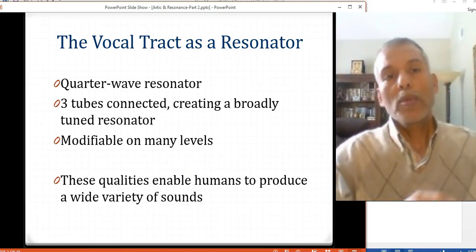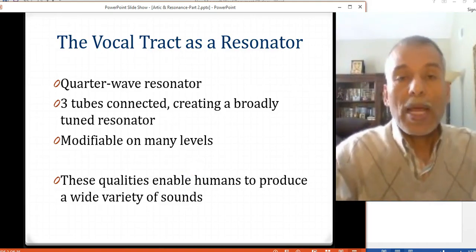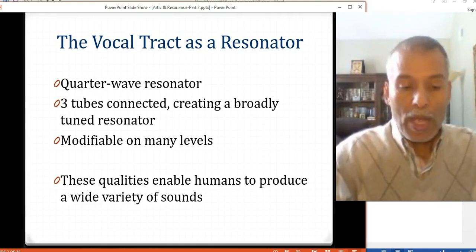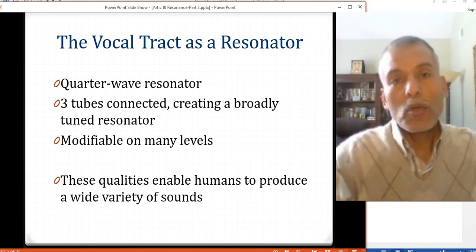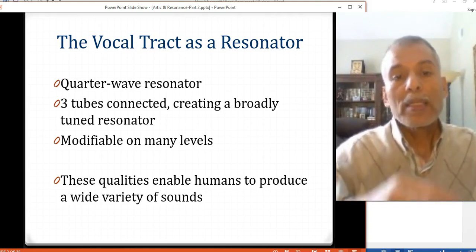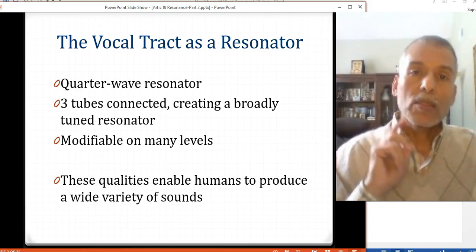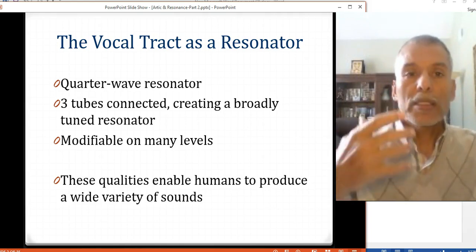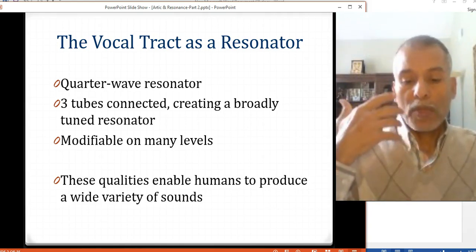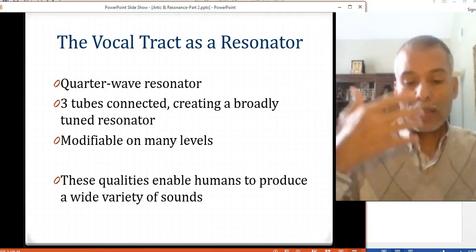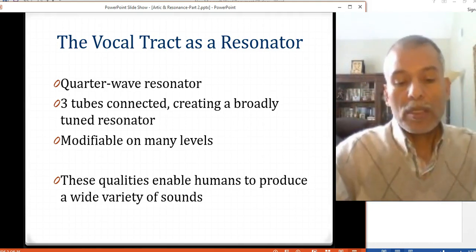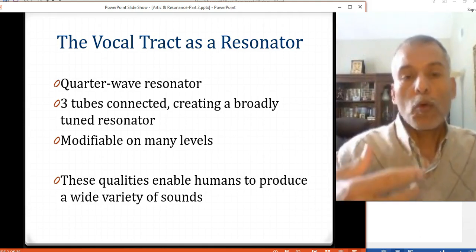As we explained before, the vocal tract acts as a resonator, and it doesn't make its own tone. Instead, it takes the vocal fold buzz as it goes through it, and it modifies it, echoes it, and amplifies that buzz in different ways, and it filters opposing forces.